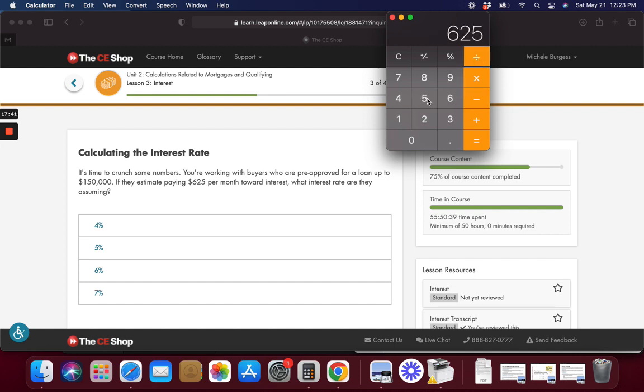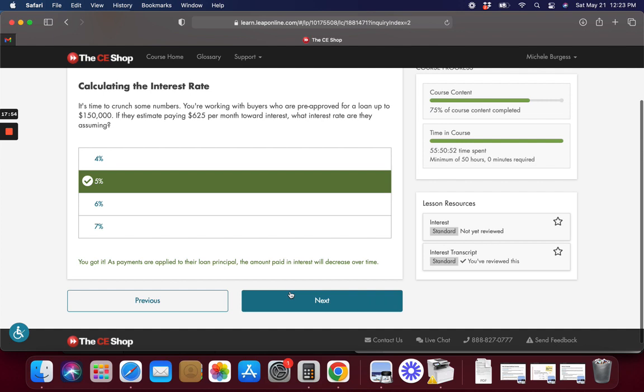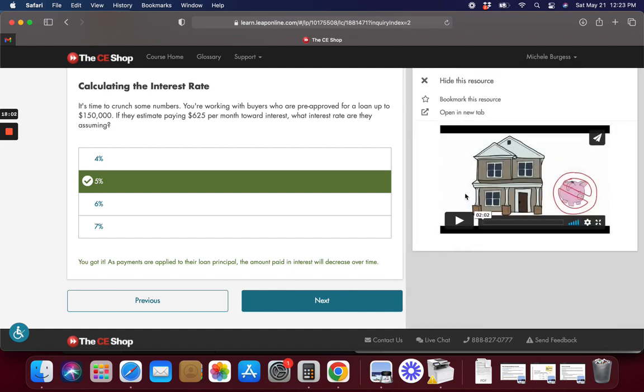I don't know if I'm doing this right or not. If they are estimated at 625, is it 625 divided by 150? I don't know. Let's see what we got. No, we got it right. All right, I'm guessing it's 625 divided by 150. Let's look at this. Oh, we already looked at this. This was the video we just watched.